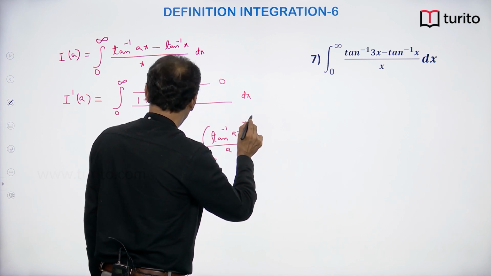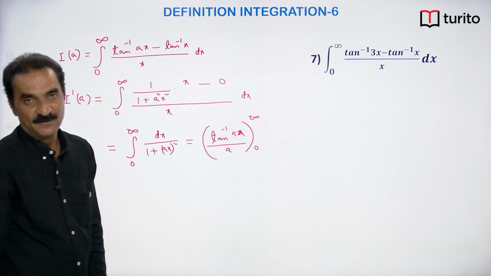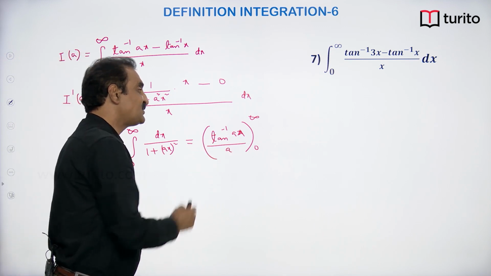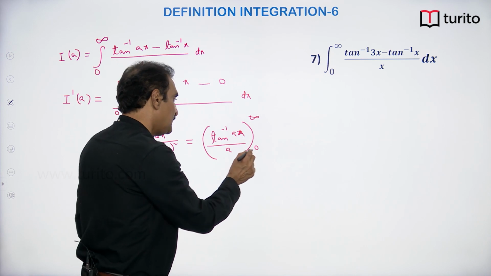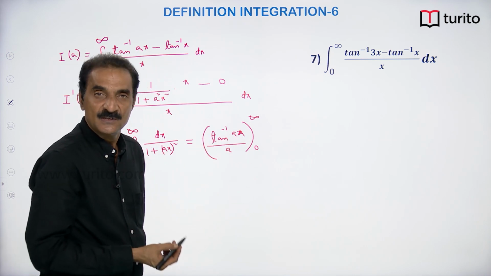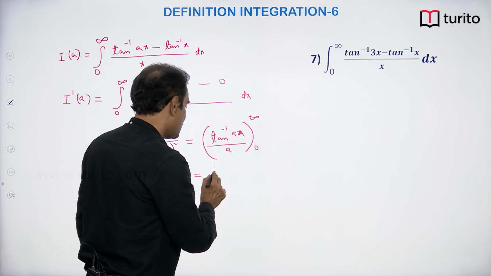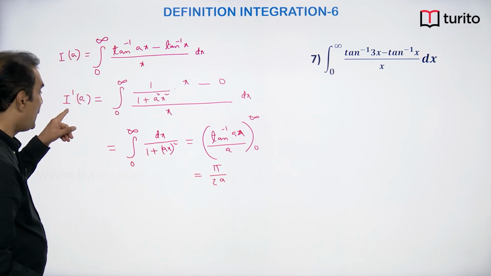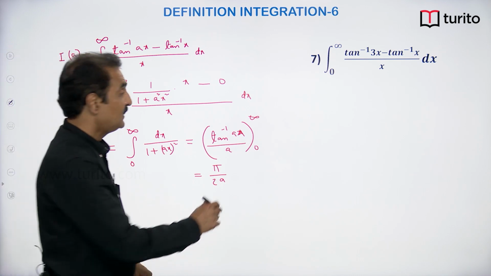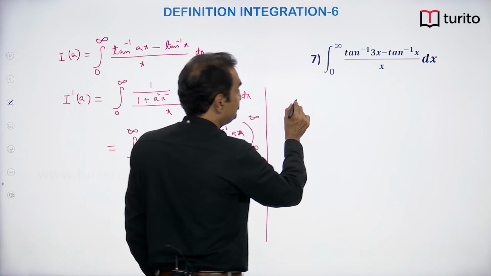Now, substitute limits 0 to infinity. If x tends to infinity, then we get tan inverse infinity, pi by 2. If x tends to 0, it is 0. So, it is pi by 2a.